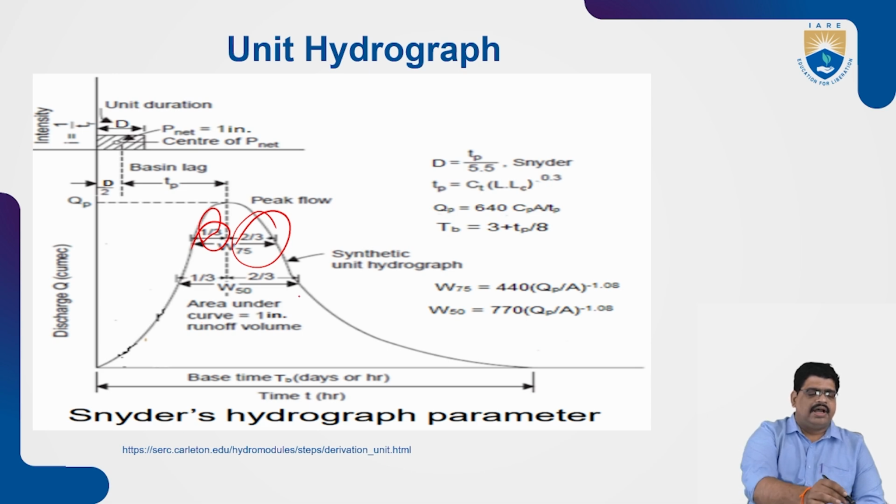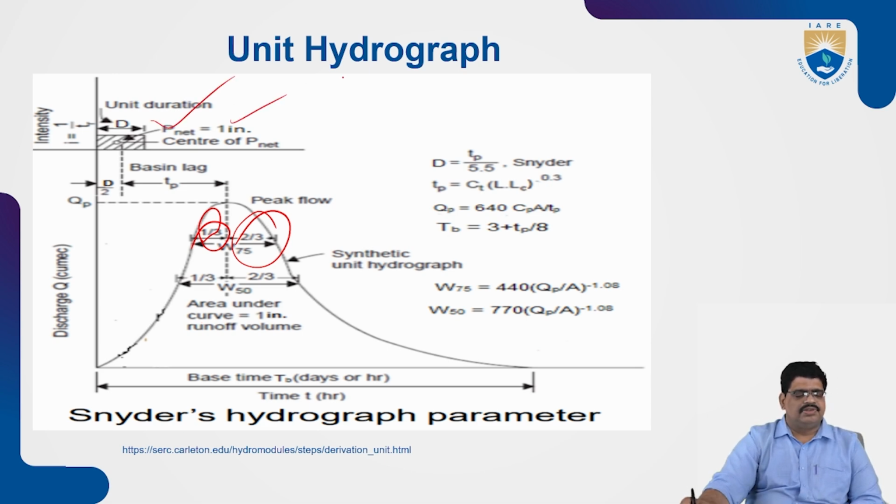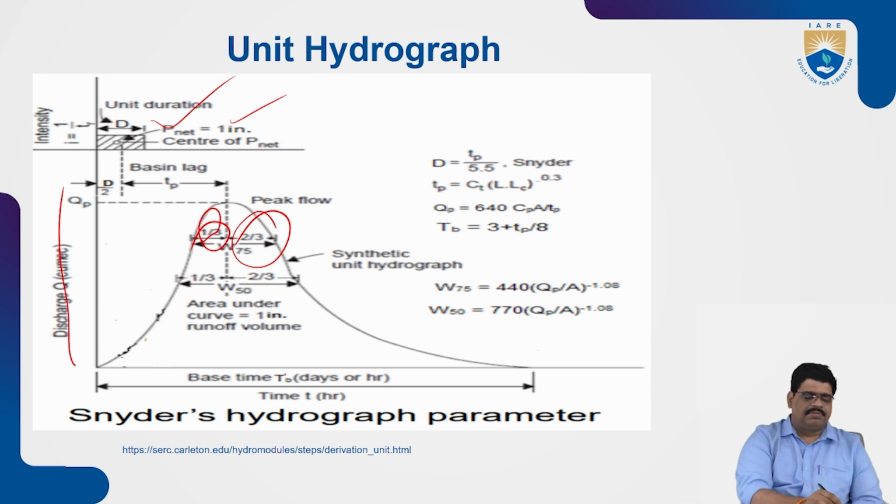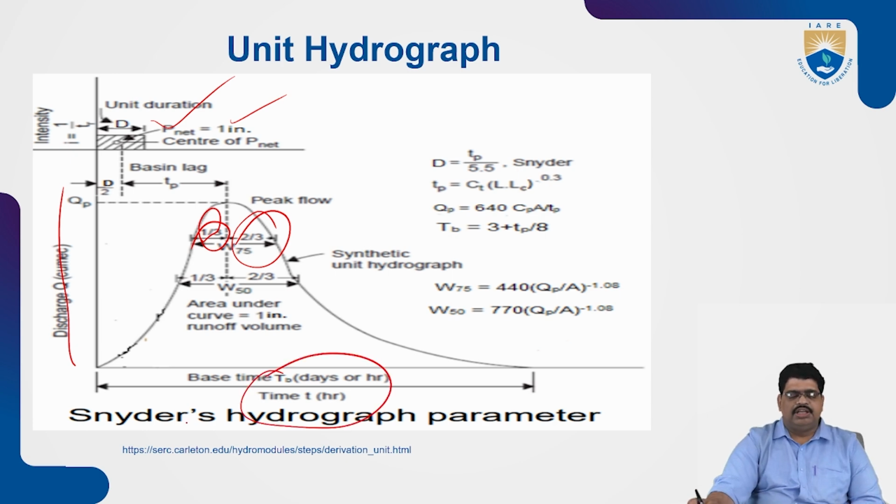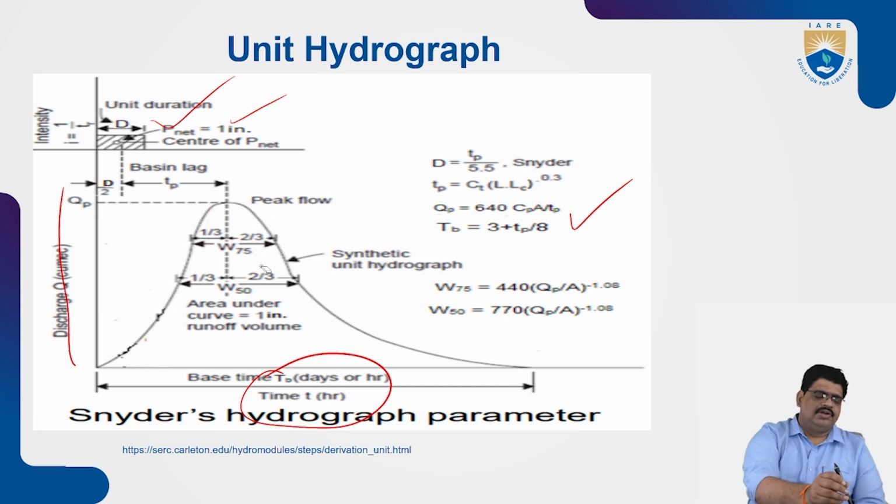The base flow T is in days, and the number of days to the number of hours is equal to TP by 5.5, and CP is equal to 640 CP by P, 3 plus TP by 8, and W75 will be taken. Why W75? Well, as we know, 1/3, 2/3.